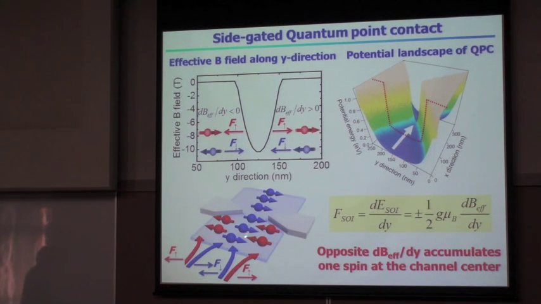So only the down spin is accumulated at the center of the channel, and the up spin is away from the center. And only this down spin at the center position can go through the QPC structure, and we can make the spin polarization. So this is what we expect in this structure.